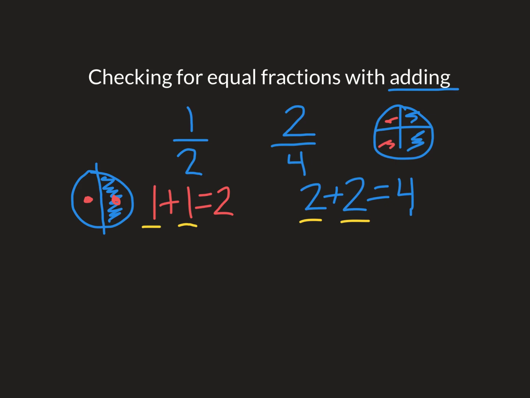So if I take another half fraction, we know that 3 out of 6 is half, and I can prove that by adding 3 plus 3 equals 6, because I added twice. So if you have two fractions and they add to the denominator the same number of times, they are equal. Let me show you another example.